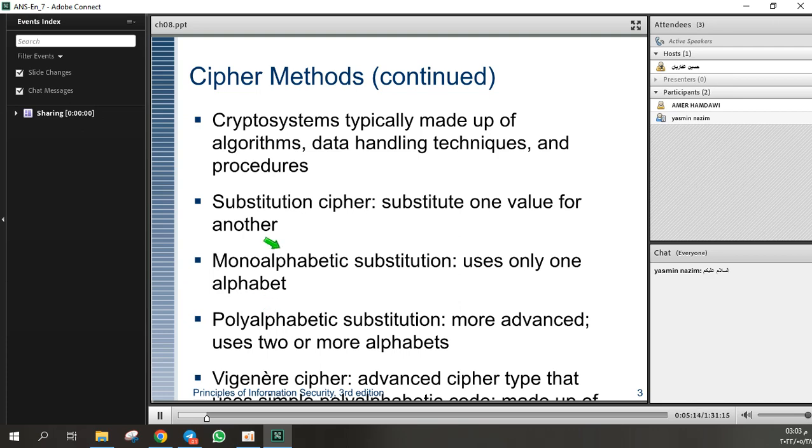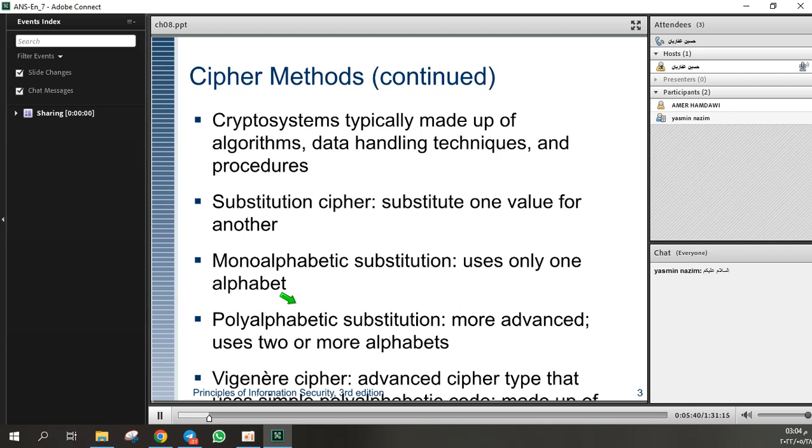The difference between monoalphabetic and polyalphabetic substitution is that in monoalphabetic substitution, I'm using only one pattern for replacing one character with another character. But in polyalphabetic substitution, I'm using a more advanced substitution.